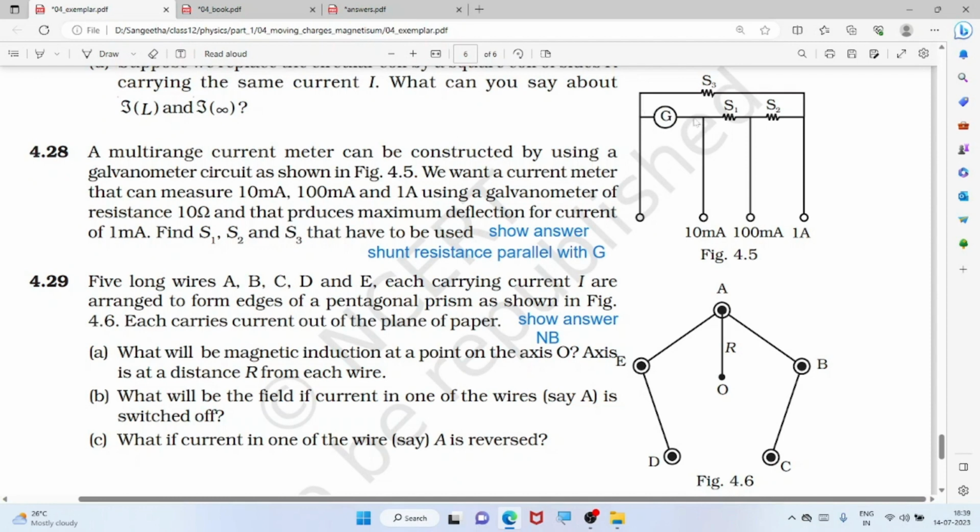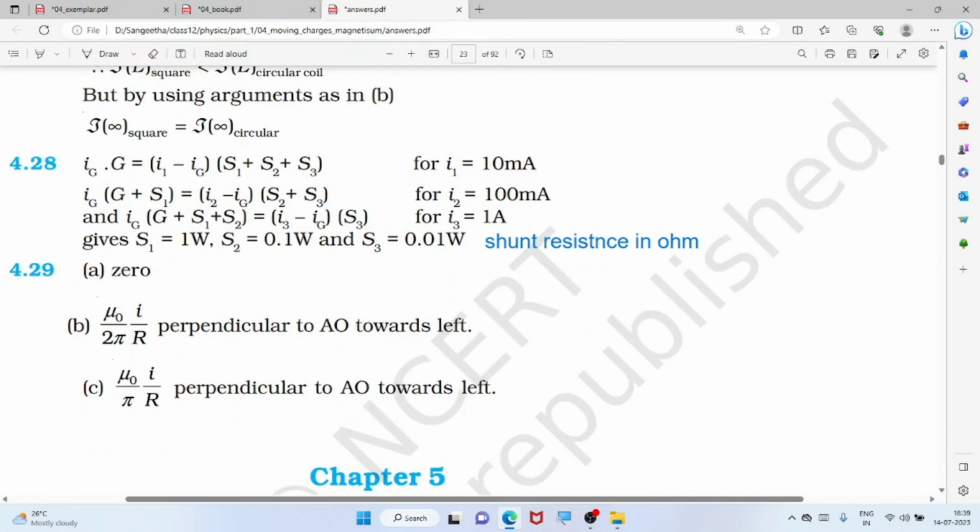For 100 milliamps, these two are parallel with the galvanometer and this one. And for the 1 amp, this one. When you solve this you will get S1, S2 actually in ohms.